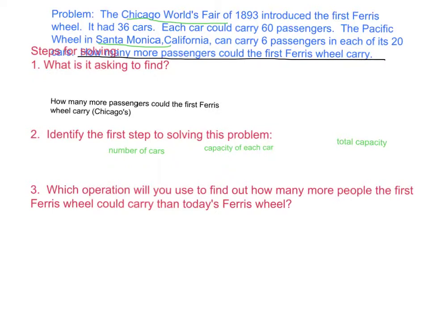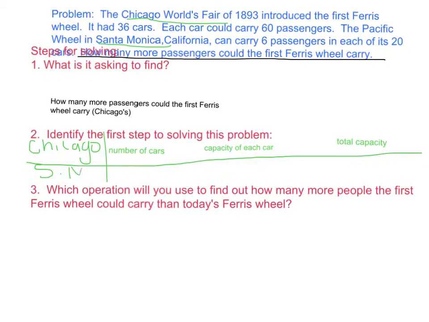So let's just go ahead and label this. Let's just call it Chicago, all right? Chicago. That's the Ferris wheel. And then the second Ferris wheel, I think the best way to do this is just Santa Monica. And I'll put SM for Santa Monica. Okay, so the number of cars, if I read it again, for Chicago is 36 cars.